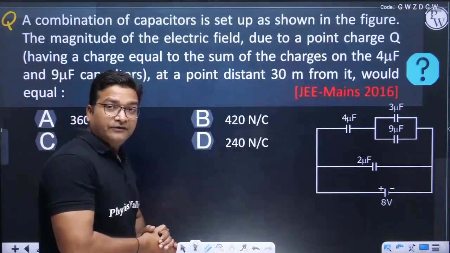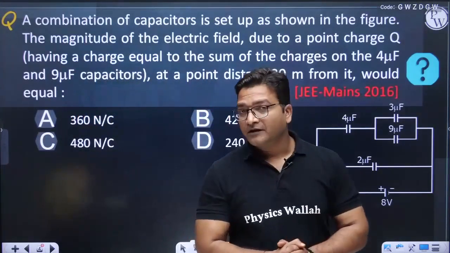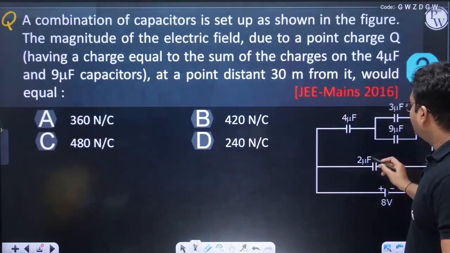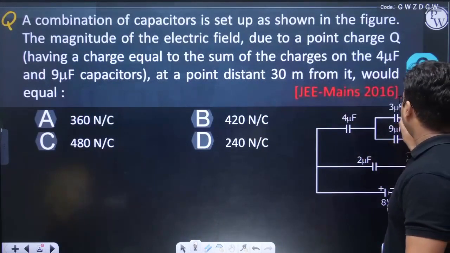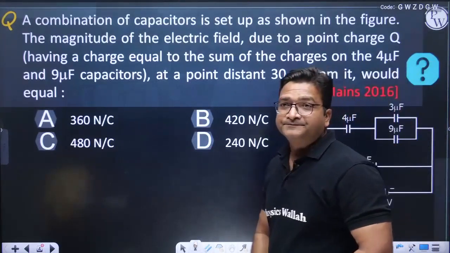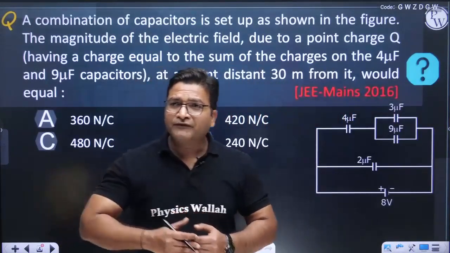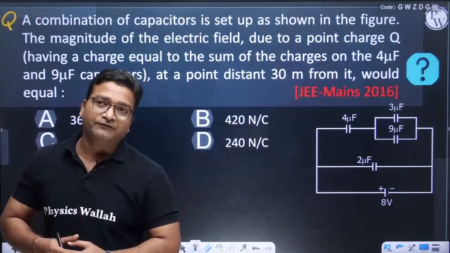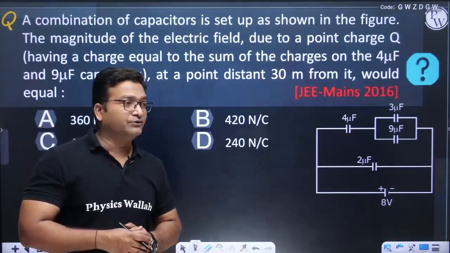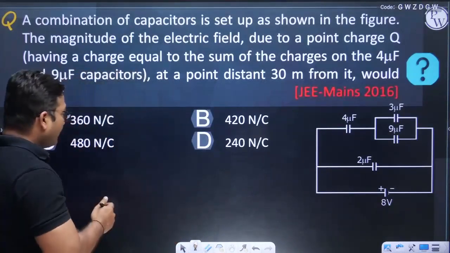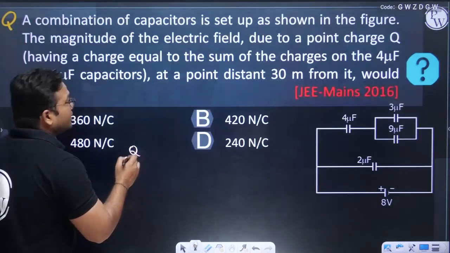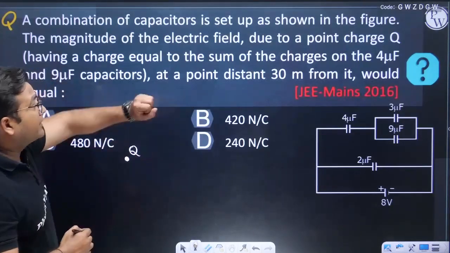Okay, so we have a combination of capacitors. Can you see here we have an 8 volt battery, 2 microfarad capacitor, 4 microfarad, 3 microfarad and 9 microfarad. They are asking us: the combination of capacitors is set up as shown in figure. The magnitude of electric field due to point charge Q. We have to find the magnitude of electric field due to point charge Q. And what is Q?